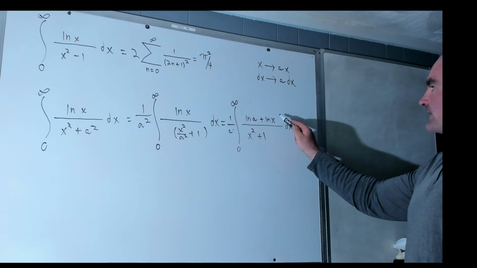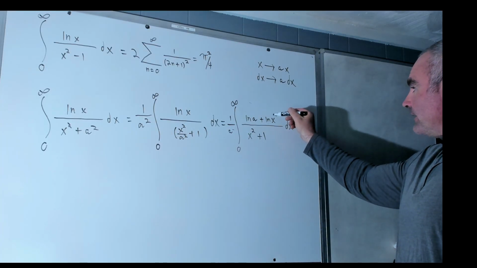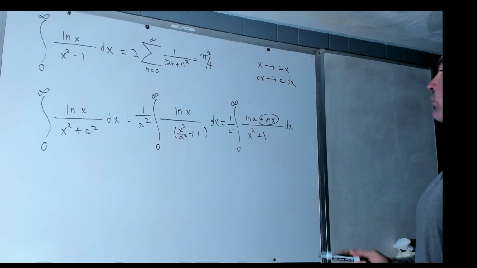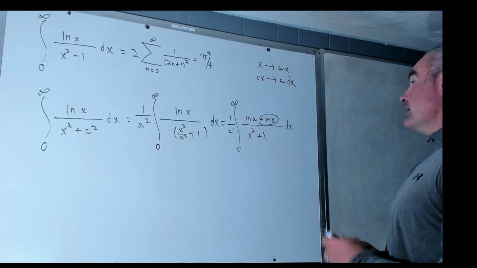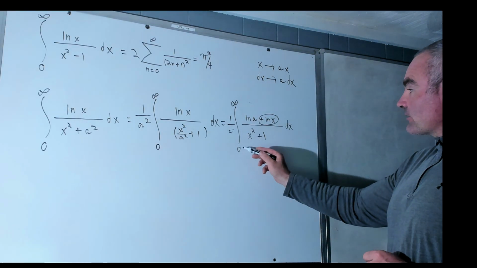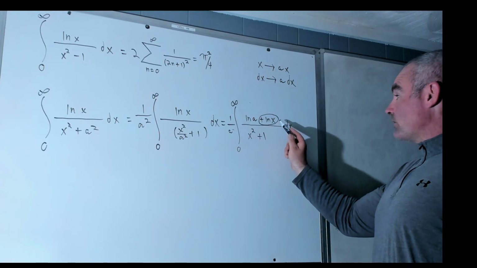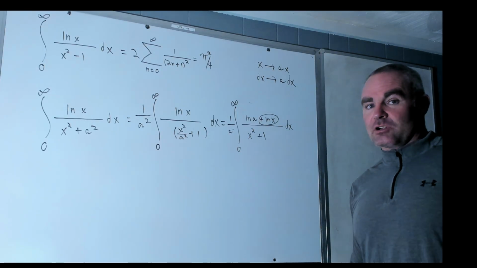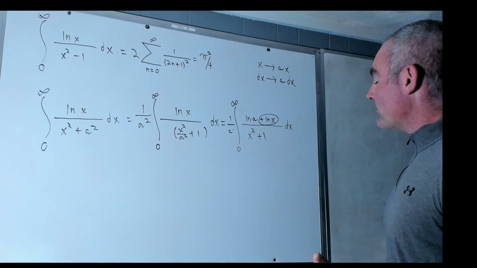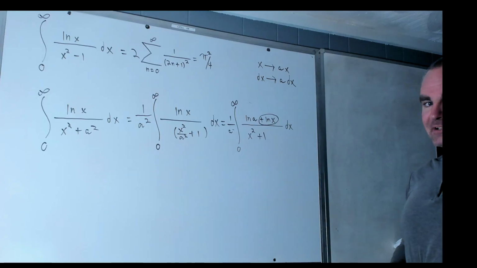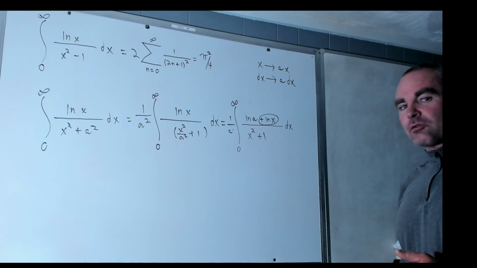Let's take a look at the second half of this integral. We can split this using linearity. I'm just going to tell you, this is a classic result, that the integral from 0 to infinity of natural log x over x squared plus 1 dx is equal to 0. That can be shown by splitting the interval at 1 and performing the u substitution u equals 1 over x.